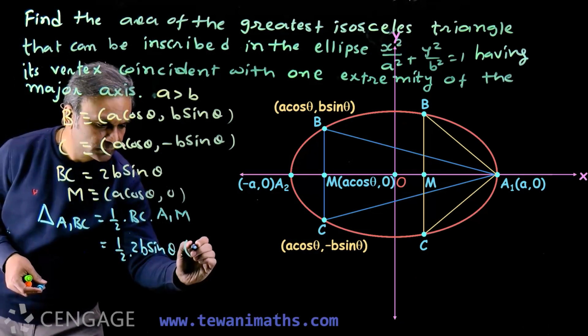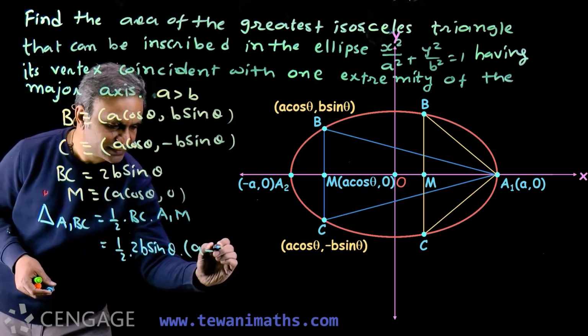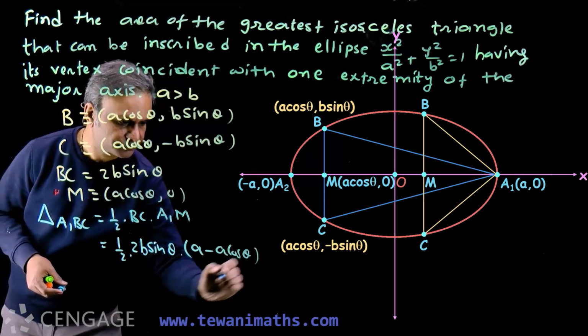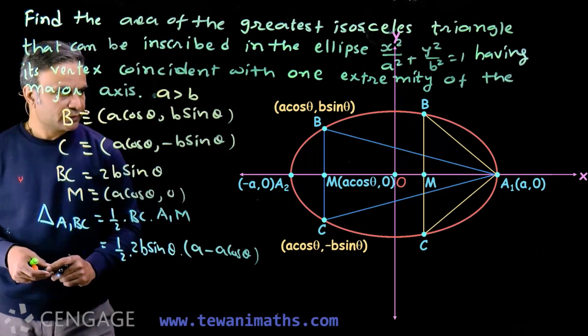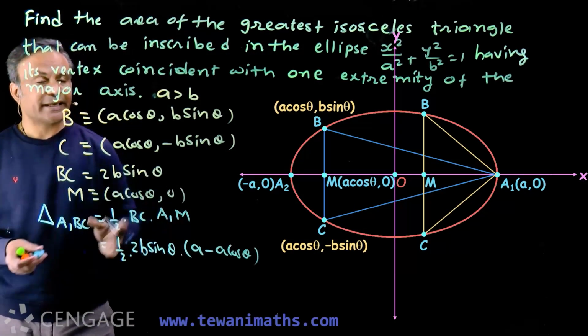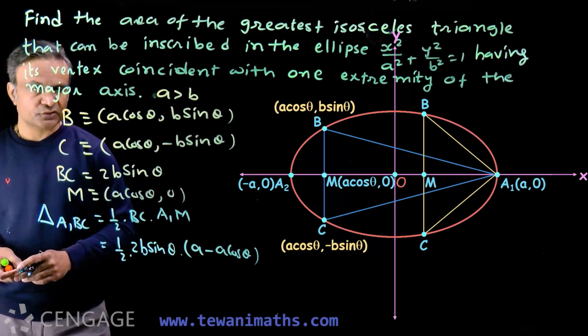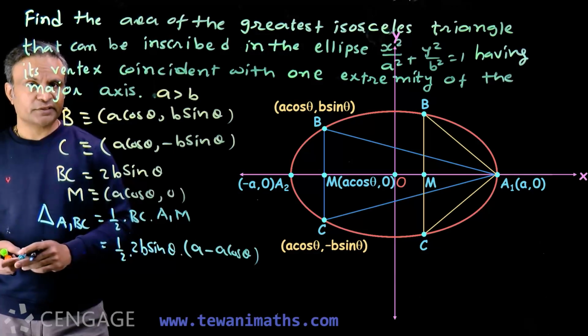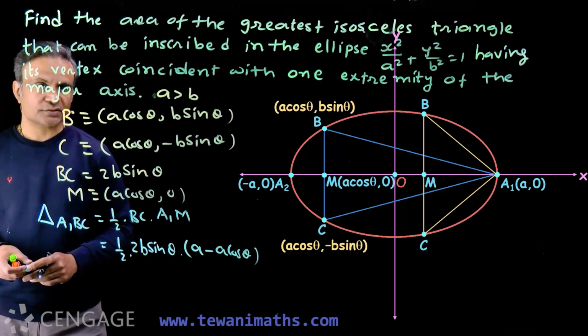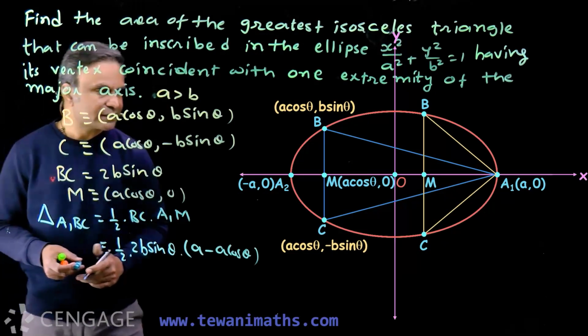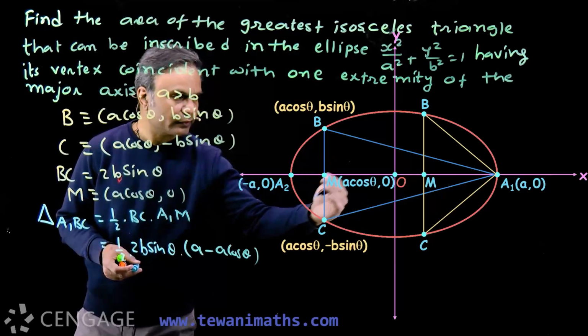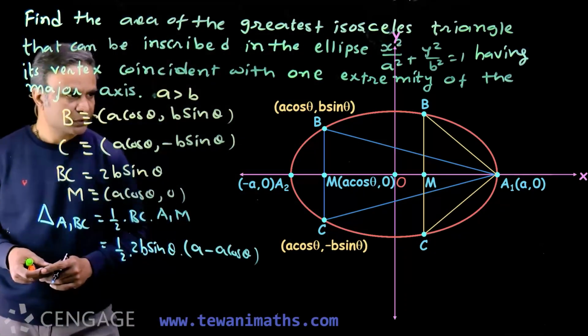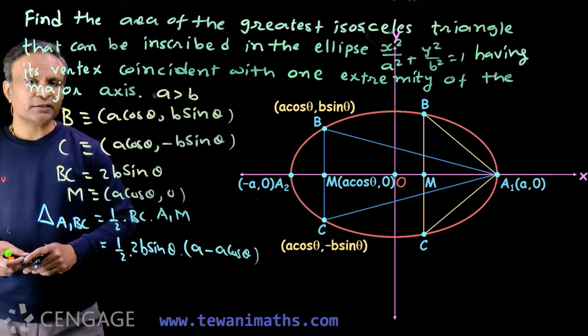A1M will be A minus A cos theta. ठीक है ना? कई बार स्टूडेंट्स इसको A plus A cos theta लेते हैं, which is wrong. A1M is not A plus A cos theta, it is A minus A cos theta. The reason is here we are considering base of triangle to the left of y-axis, so we will have A cos theta negative.